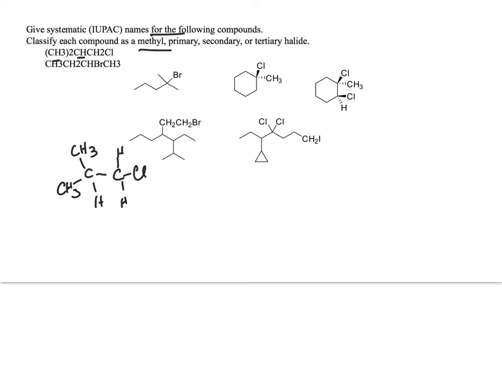Okay, so what name is that? We find our longest chain. 1, 2, 3. So we have 2-methyl-1-chloropropane. And then we look at this carbon, and it's connected to the chlorine, it's connected to one other carbon, so that makes it a primary halide.